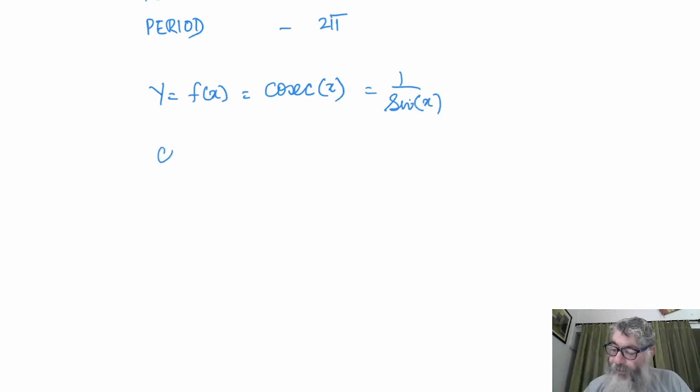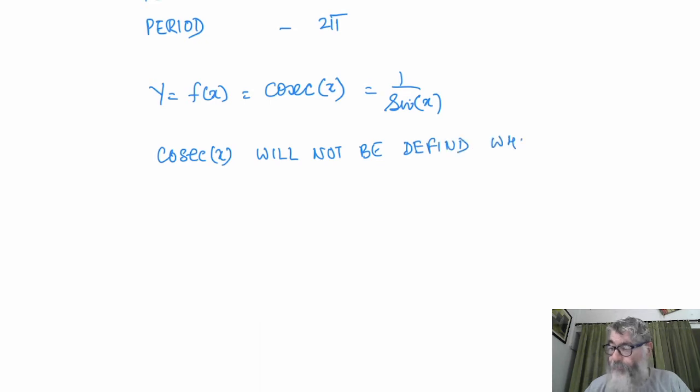So cosec x will not be defined where sin x will be equal to 0.